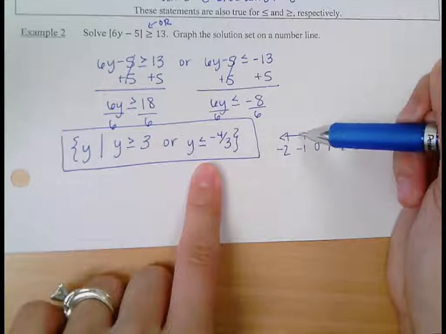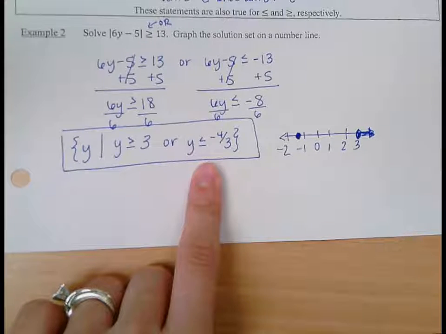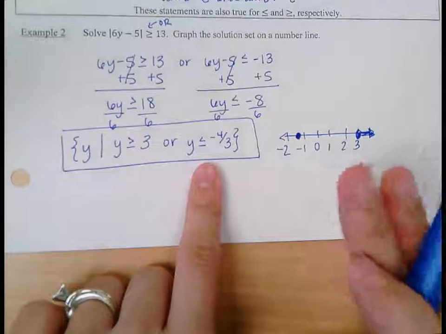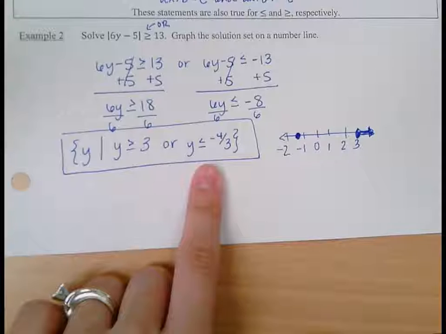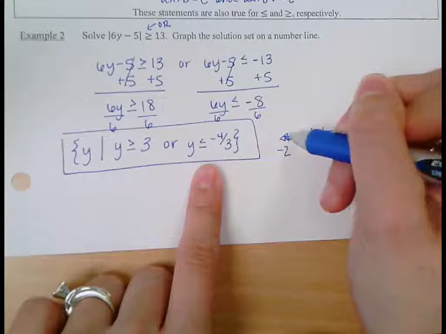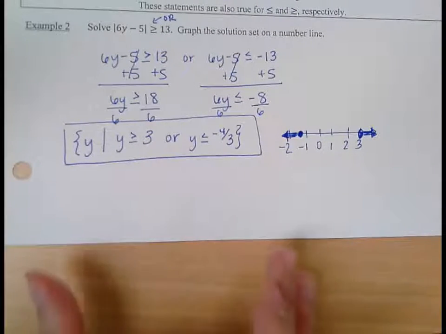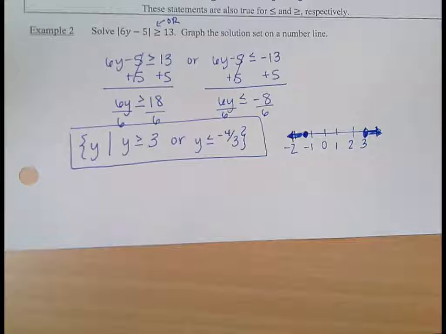So about where negative 1 1/3 would be, I would put a dot. If you were making your own number line and you just put negative 4/3 and 3 on there, that's fine, but on the test you wouldn't see that. So this would then be shaded to the left. So if it is a fraction or a decimal, you would just put the circle or the dot where that decimal or fraction would fall on the number line.